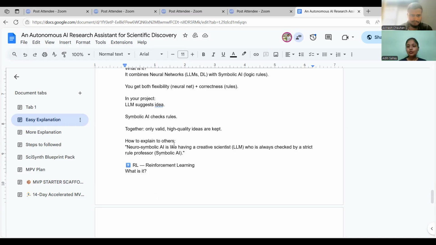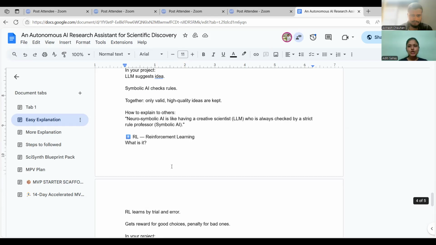Now, we'll move on to the next one, that is RL. RL is reinforcement learning. Do you remember we used to solve some maths problems using the trial and error method in our class 6 or 7, I guess, right? So this reinforcement learning is built on the same method.